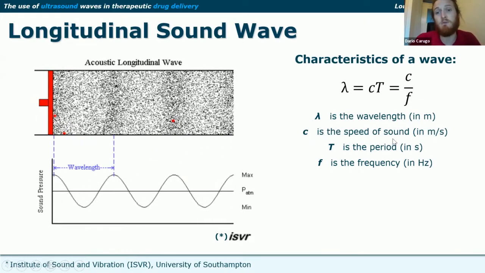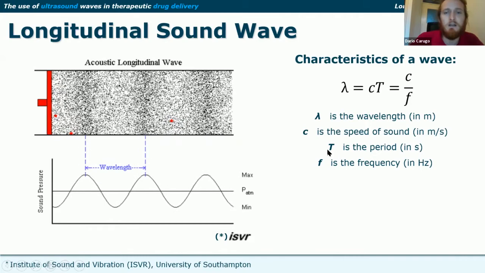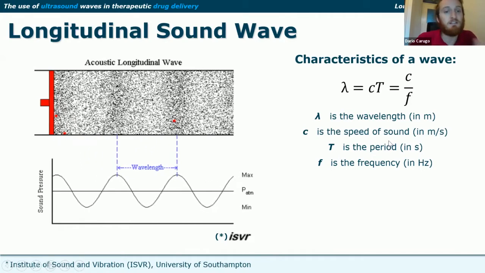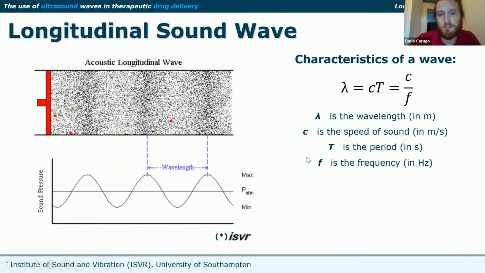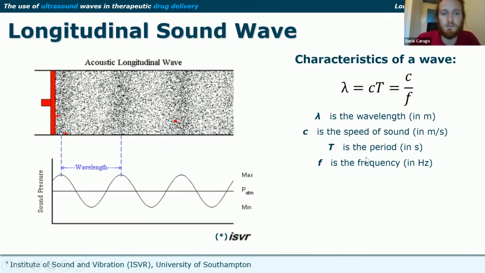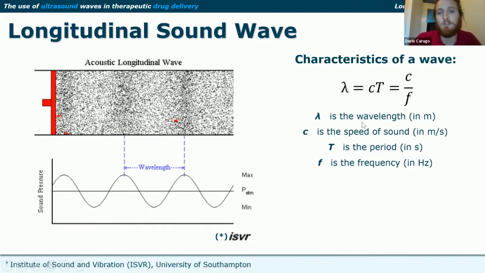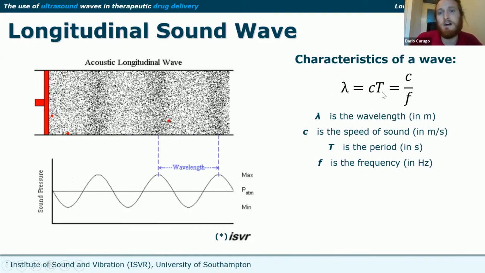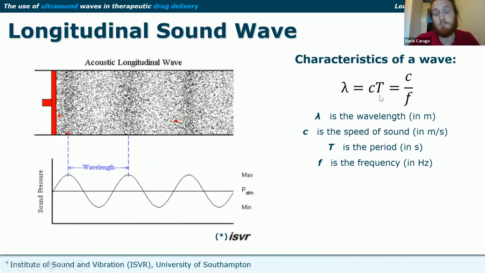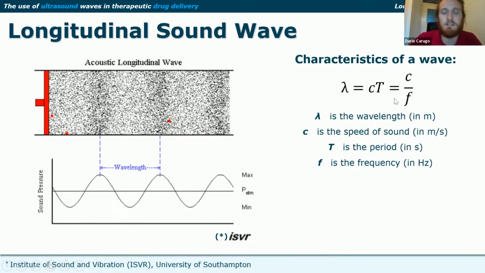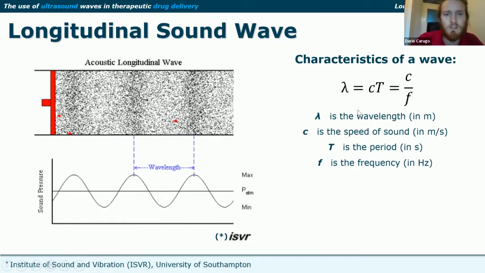C is the speed of sound, which is another important property. T is the period, which is basically the duration of a cycle, and F is the frequency, which is the number of cycles per second. These parameters can be related one to the other. For example, the wavelength is defined as the speed of sound multiplied by the period, or the speed of sound divided by the frequency.